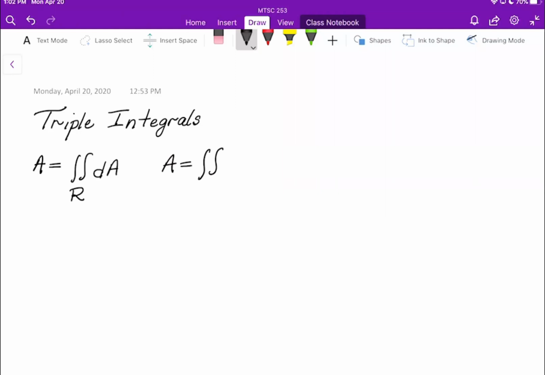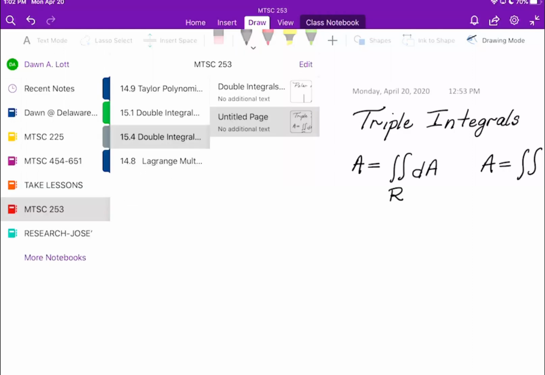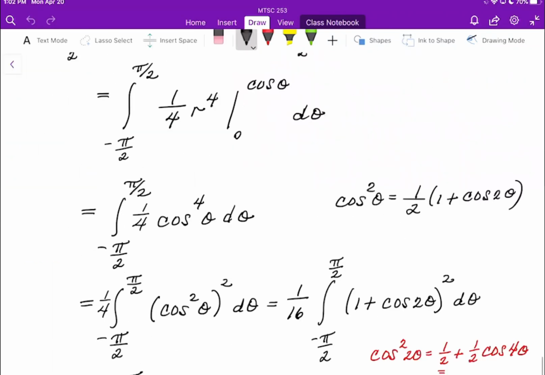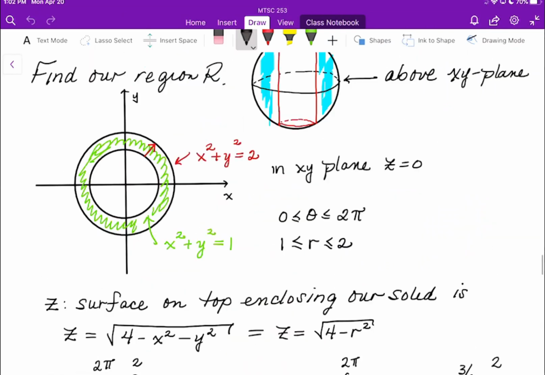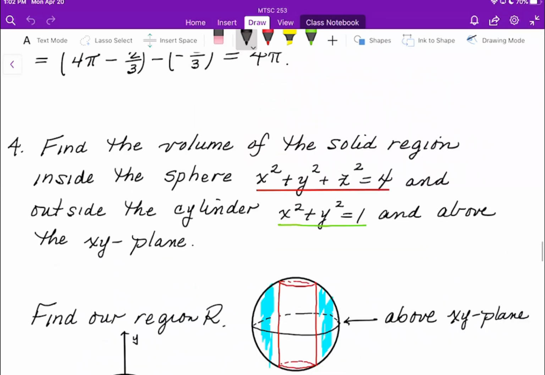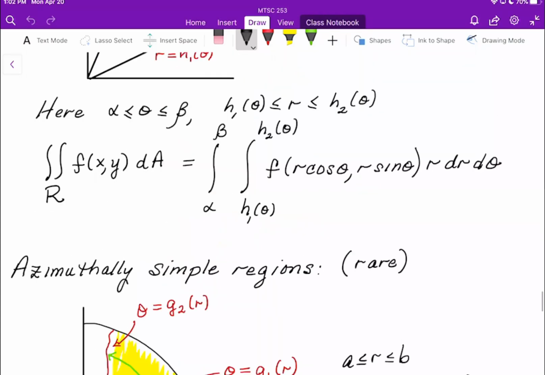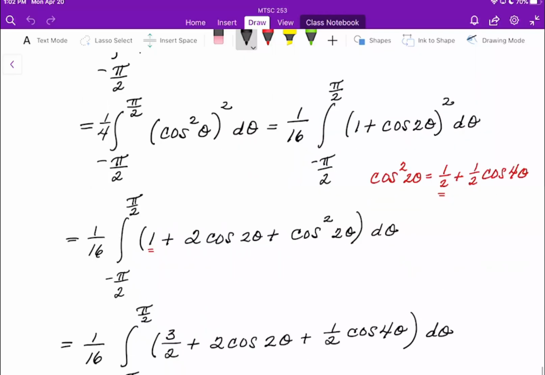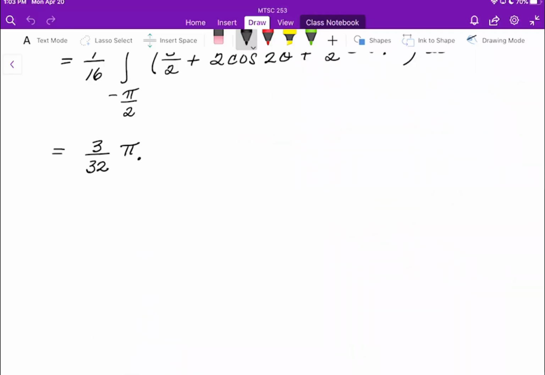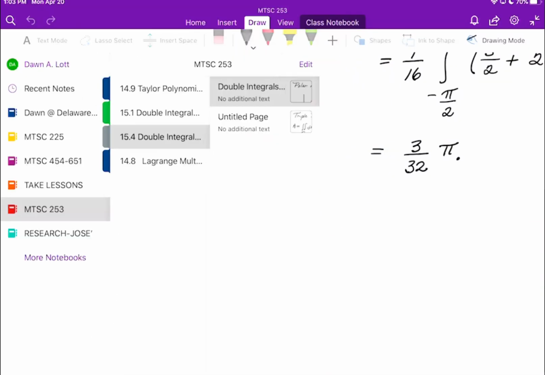Okay, wait a minute. How much did we do in the polar coordinates? Let me see. Okay, I guess we're all right. Nobody asked any questions, so I'm gonna keep going.